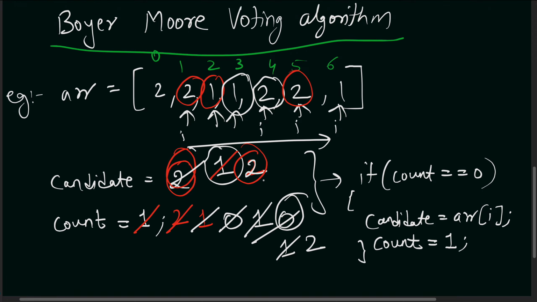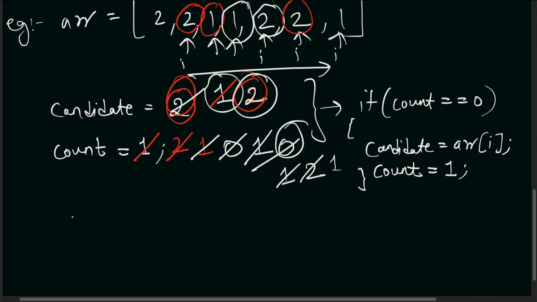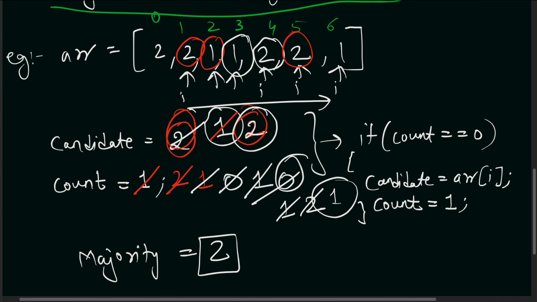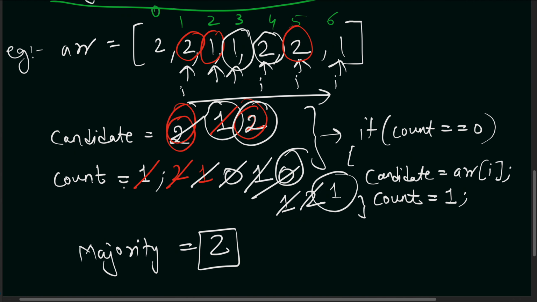So we'll simply decrement the count to 1, right? Now we have traversed the entire array. So what is the element that is left? 2 is the element left. So we can say that the majority element for this question is 2, because 2 is having a count of 1 after traversing the entire array, right? I hope you understood the problem, right?